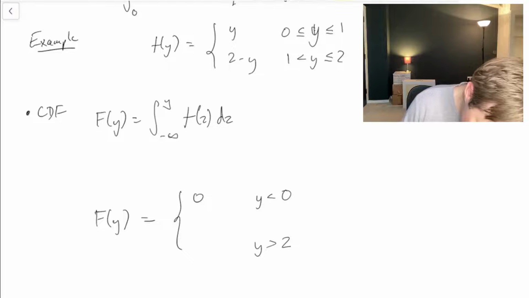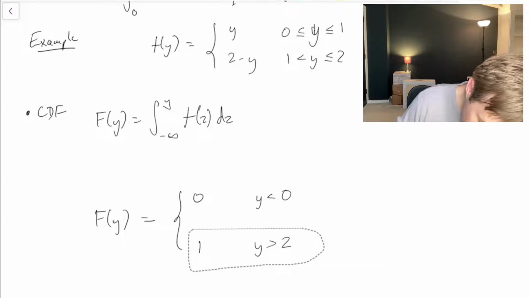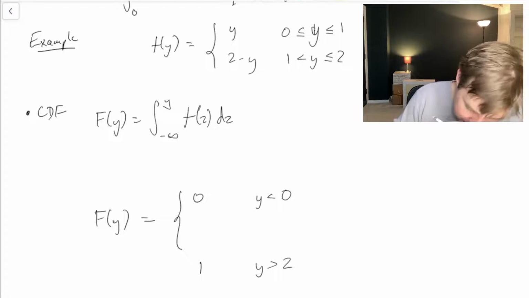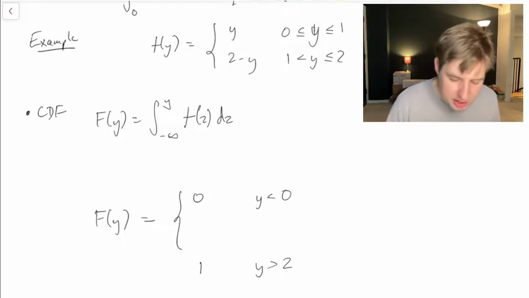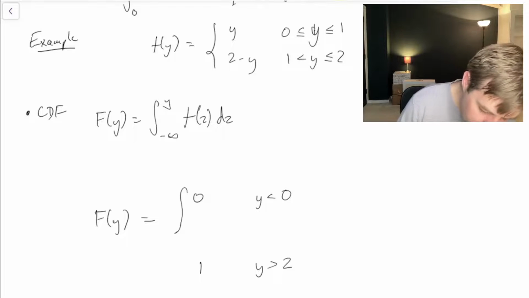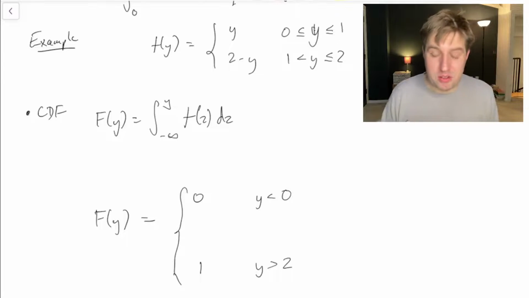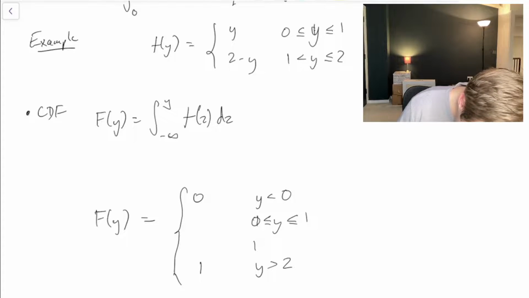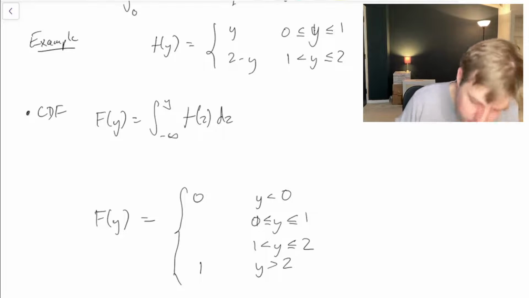If y is greater than 2, F of y equals 1. So it's only the bit in between we need to worry about. But note that f of y is defined differently for y between 0 and 1 and y between 1 and 2, so we should probably treat those differently for the CDF as well. So 0 less than or equal to y less than or equal to 1, less than or equal to 2.